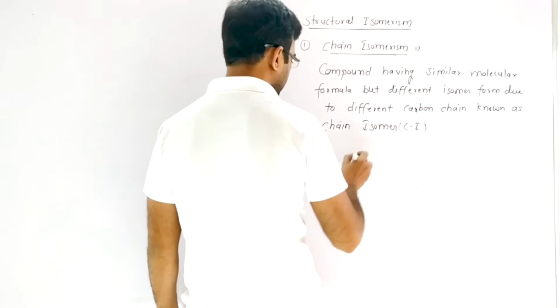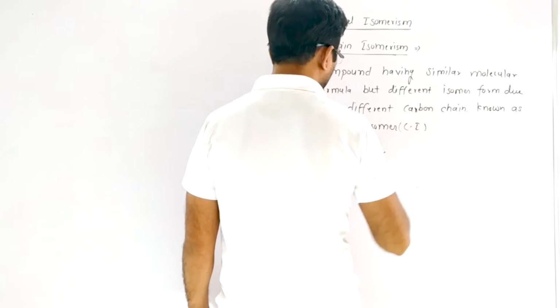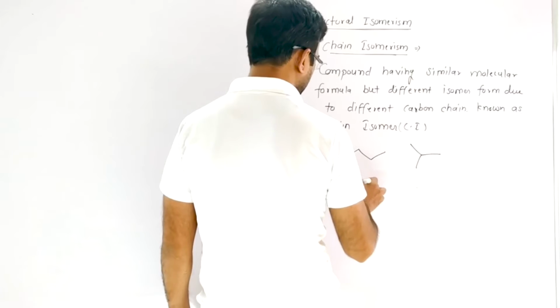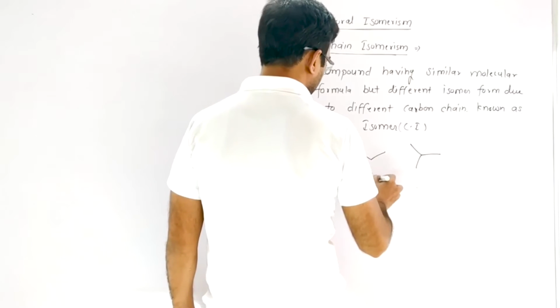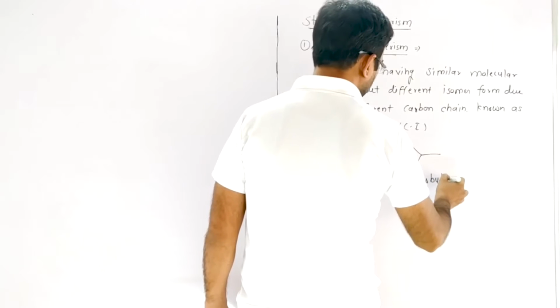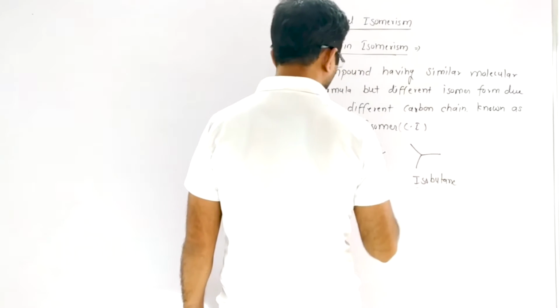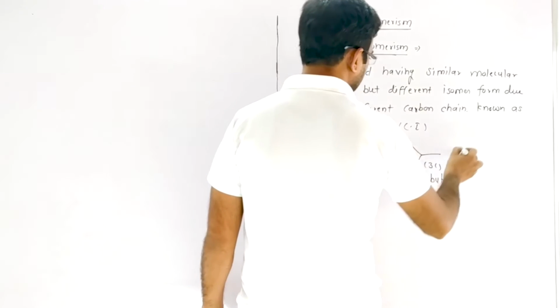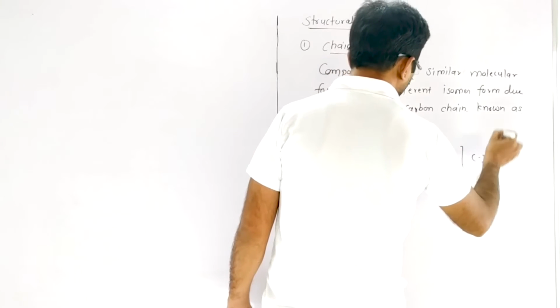We have an example like butane and isobutane. This is butane or n-butane. N-butane and isobutane have 4 carbon and 3 carbon chains, and these are chain isomers of one another.